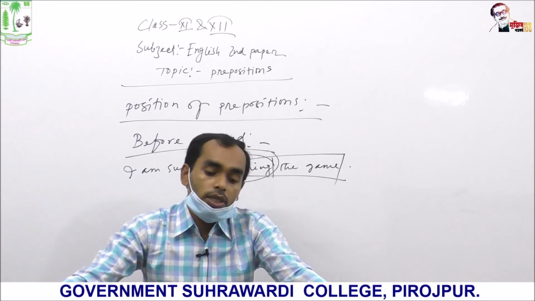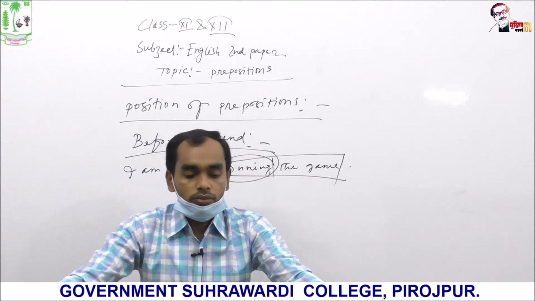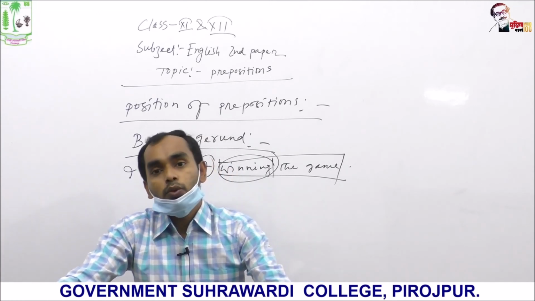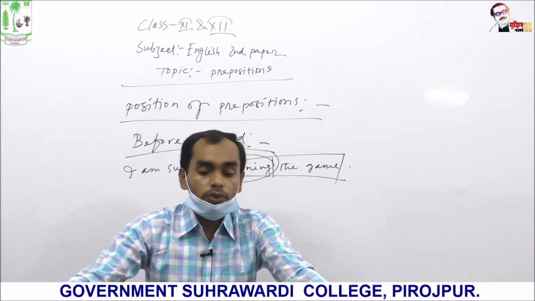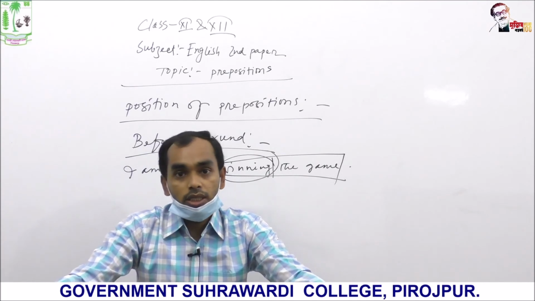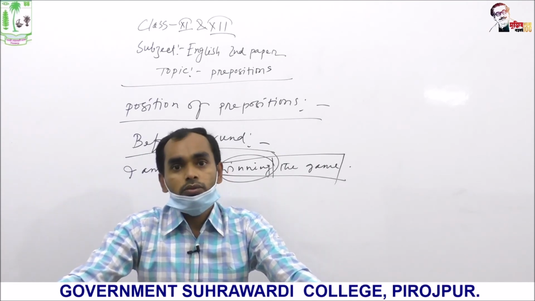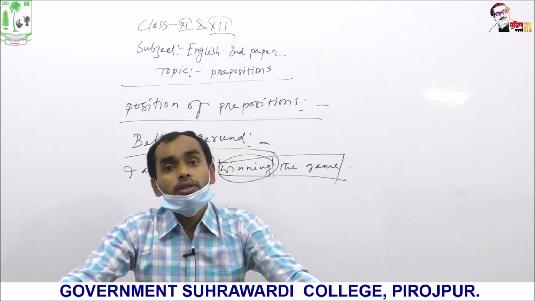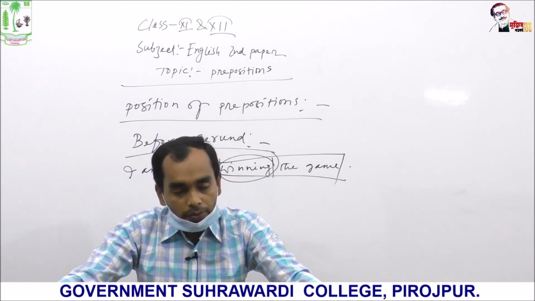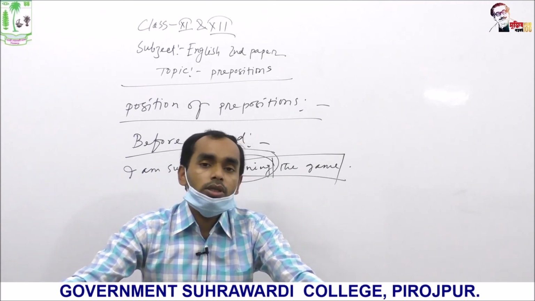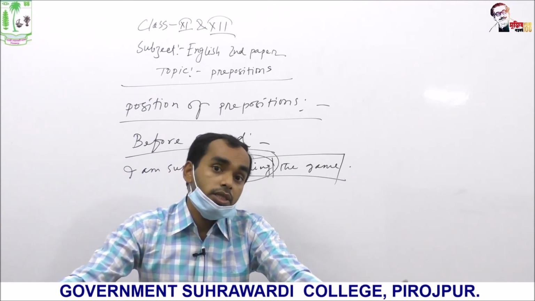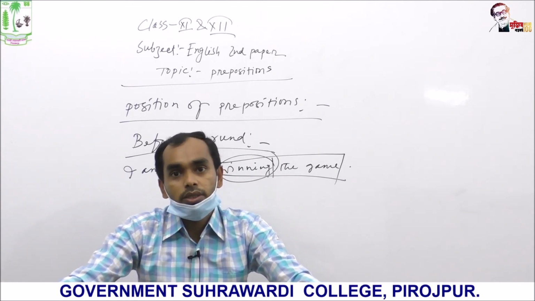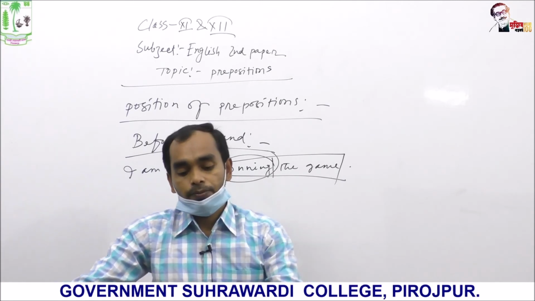That means the noun or pronoun that is placed after the preposition, that is used after the preposition, is called its object. That means it is called a prepositional object. Understand? Okay.